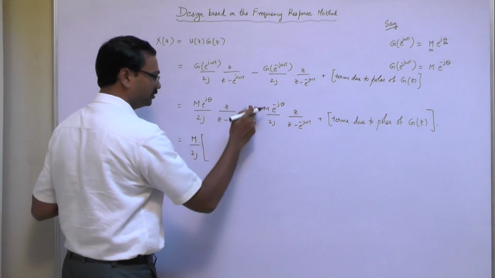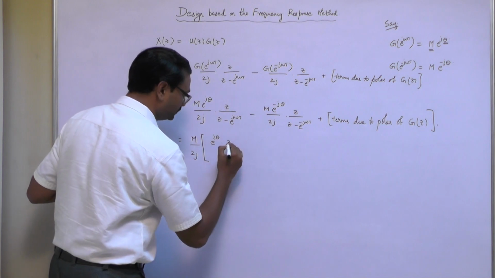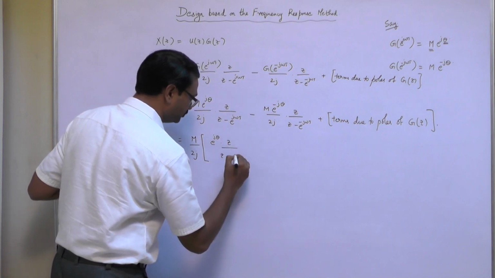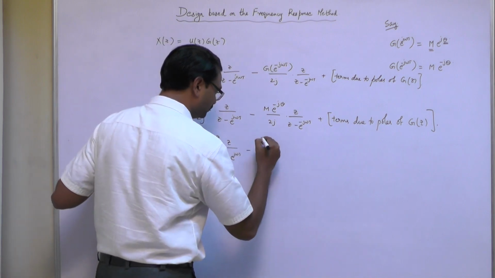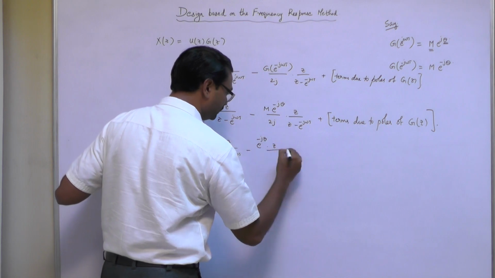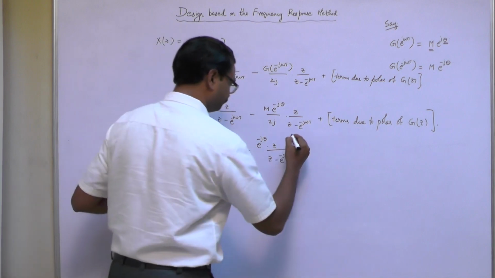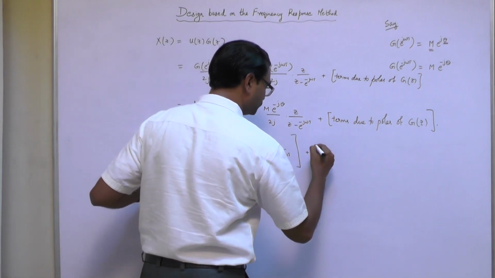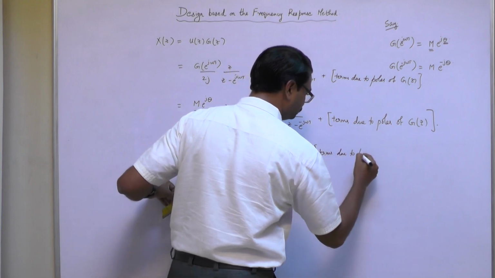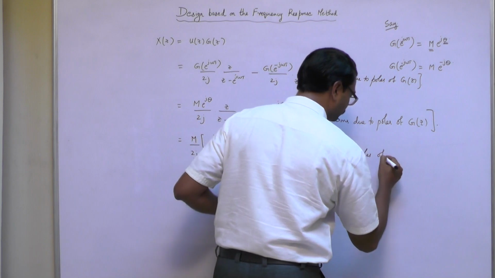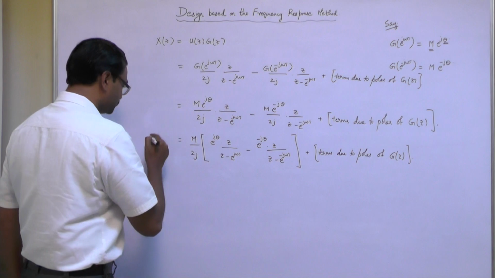M by 2j is common in both these cases, and I have e^(jθ) z by z minus e^(jωT), minus e^(−jθ) into z by z minus e^(−jωT), plus terms due to poles of G(z). This is X(z) for us.